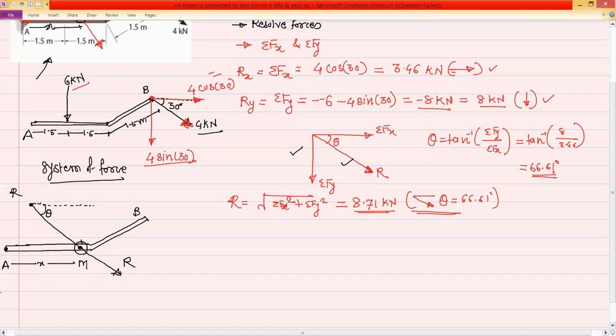But we cannot find out the x distance directly by using Varignon's theorem. For Varignon's theorem, we have to take the perpendicular distance. So let us draw a perpendicular from point A on the resultant line. So this distance d is the perpendicular distance of the resultant with respect to point A. So this system is called the resultant system.